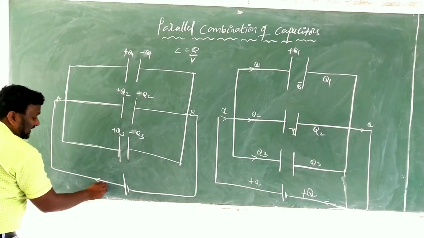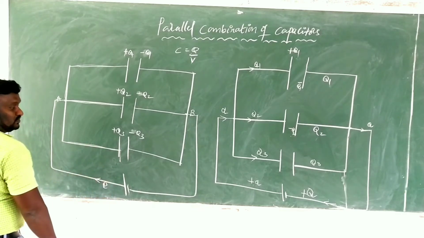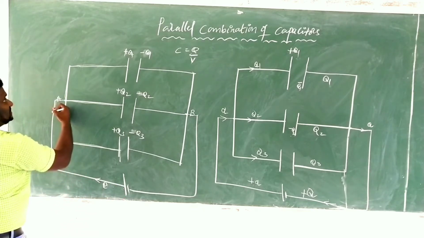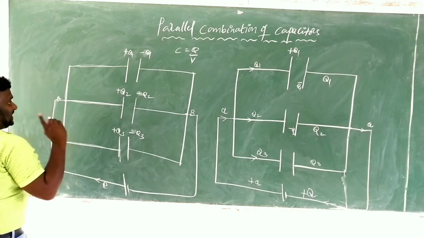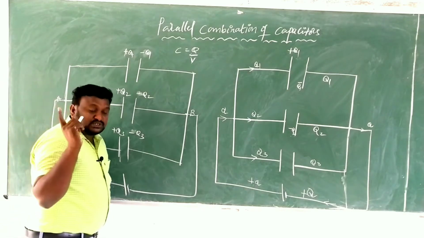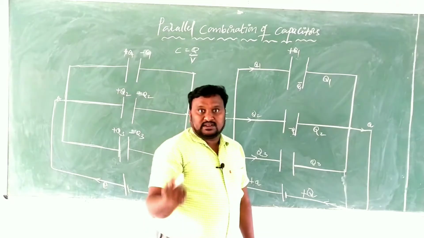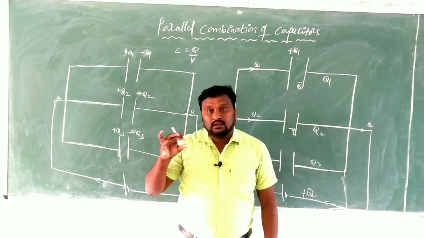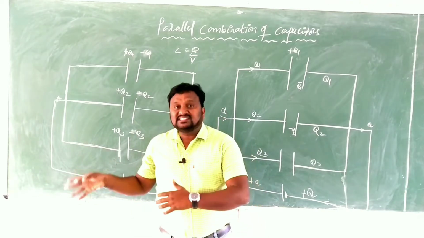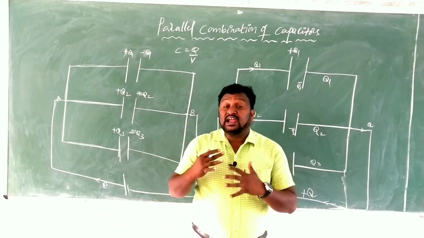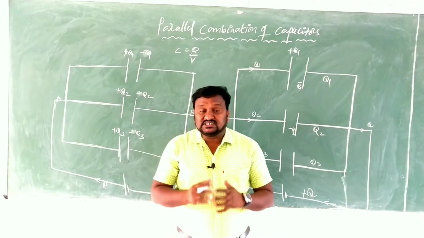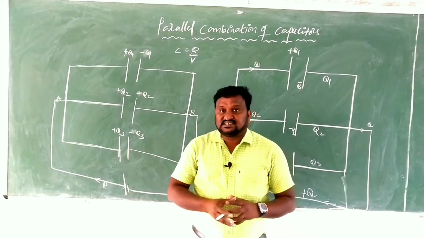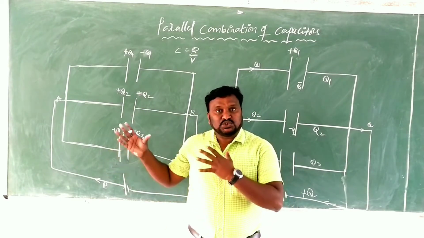The charge supplied by the battery here is Q. The charge supplied by the battery, plus Q, splits into three paths. In the series combination, the charge moves in only one path, as we discussed clearly. But in this case, the charge is divided into a number of paths. Here we have three capacitors, that's why it is written as Q1, Q2, Q3.